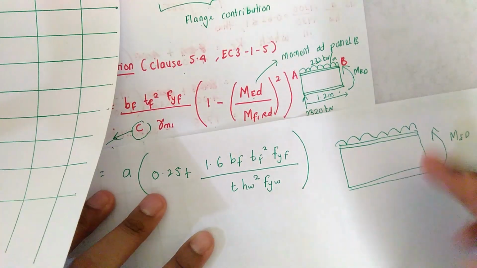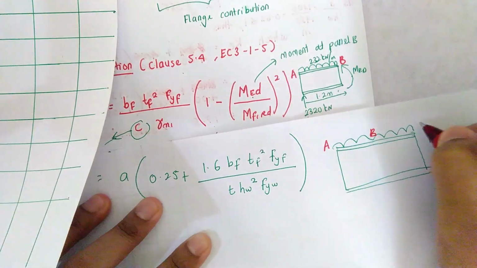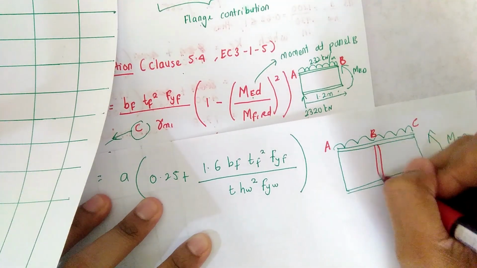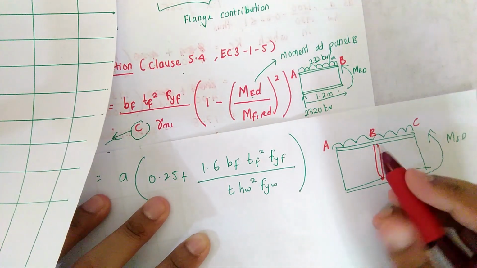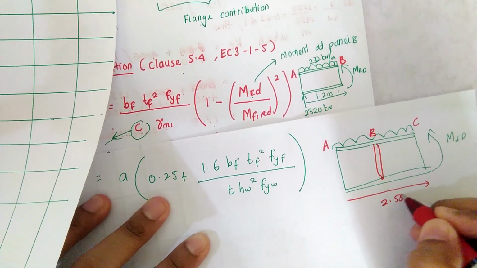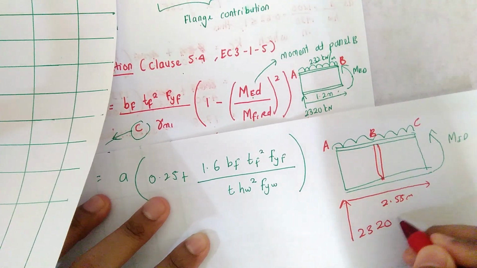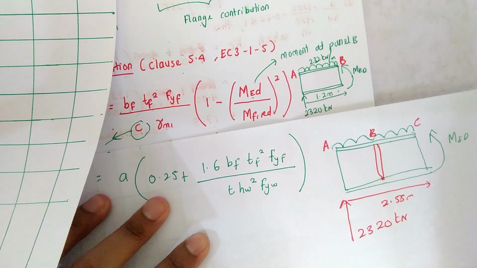So for panel AB, and you have another panel, panel BC, you have 2.55 meters, and the reaction support is 2320 kilonewton.